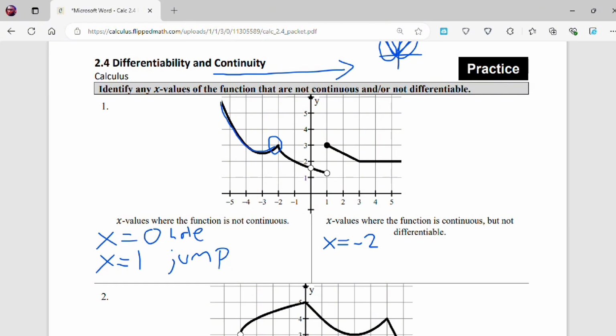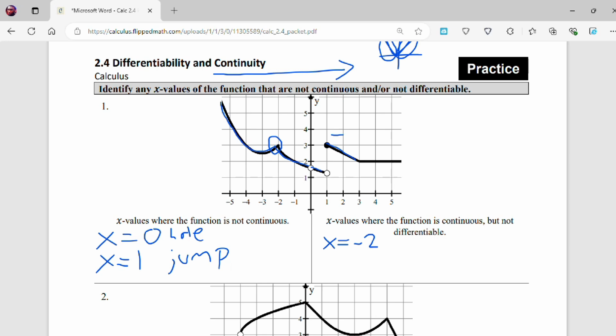All right, let's move on here. So we get to x equals 0. Like we said before, there is a discontinuity, but the question is asking us for where it's continuous and not differentiable. Move here, and we have a corner. So again, you don't have to know the exact value of the slope, but it's pretty obvious here.